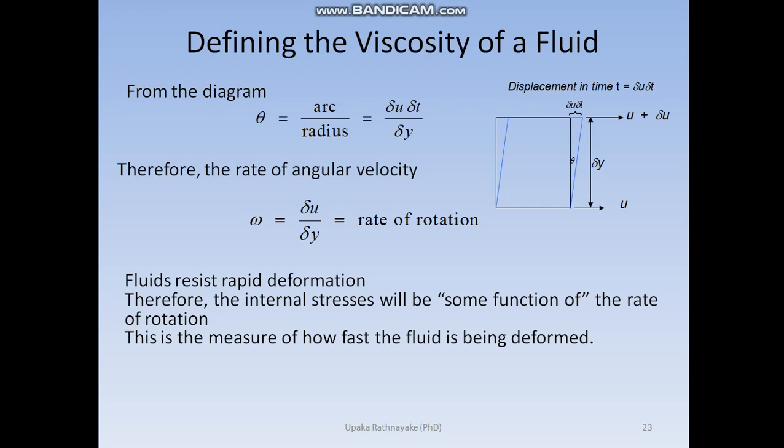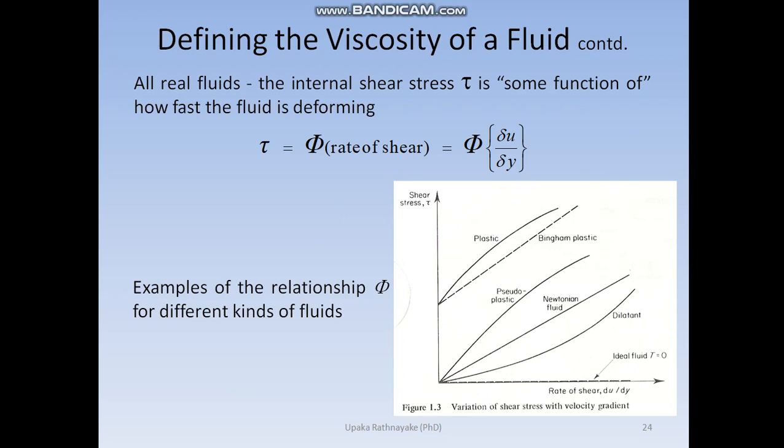You may recall from your high school physics and mathematics, you substitute a constant to remove the proportional symbol, but it is not a constant, it is a function. Now if we consider that function to be f, so tau is equal to f du over dy.